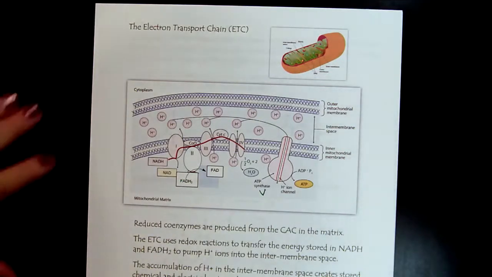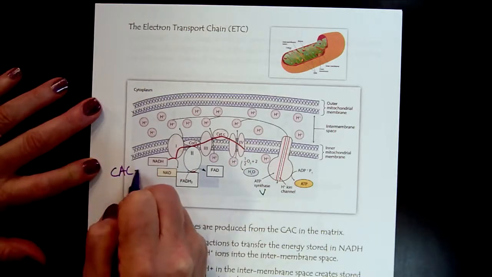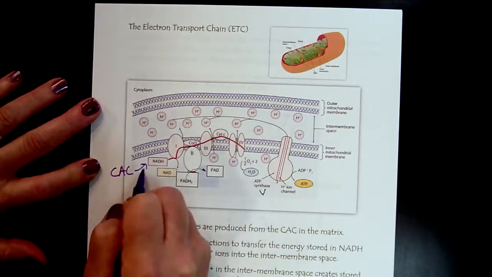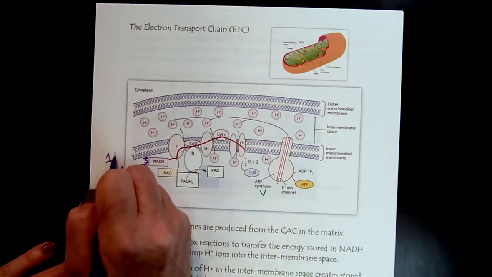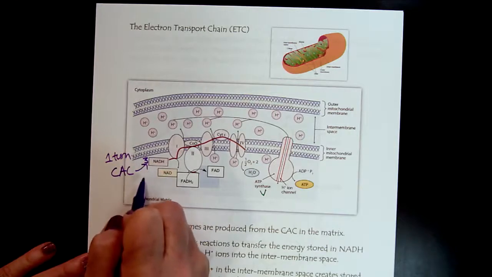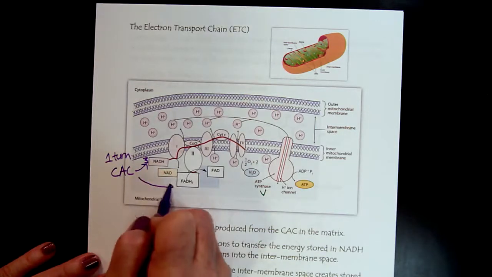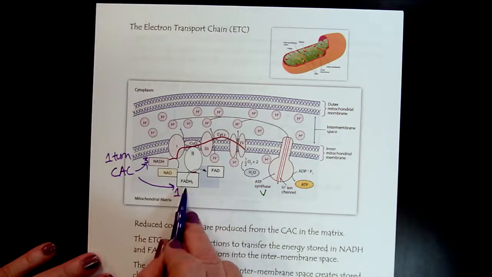Alrighty, so remember that the citric acid cycle has produced NADHs. One turn of the citric acid cycle produces 3 NADHs and 1 FADH2.